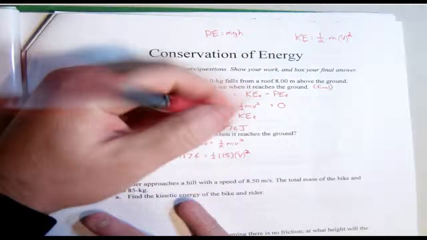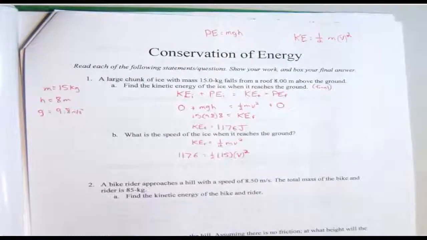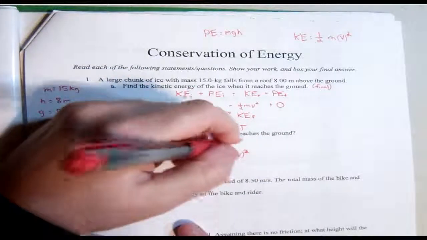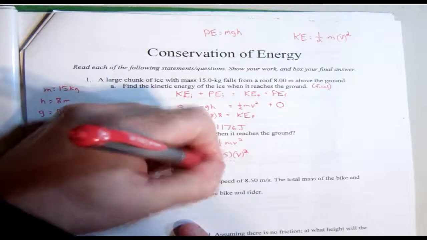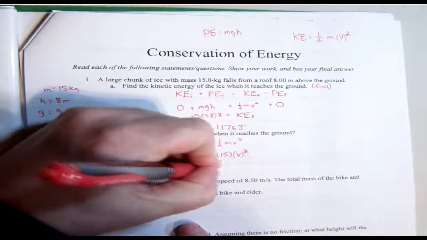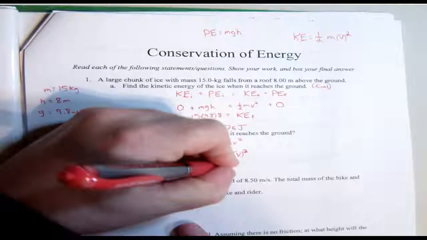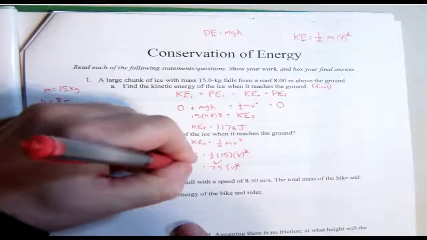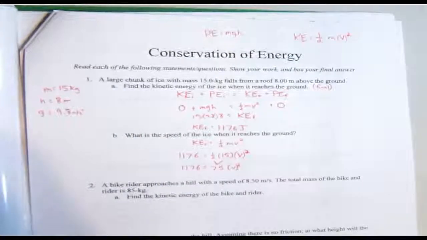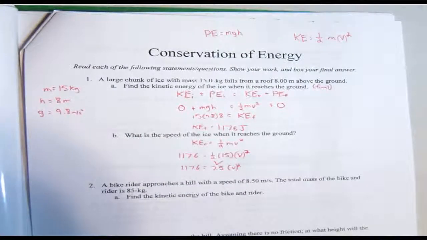So the only variable we have is velocity squared. Okay, so let's combine what we have. So we can do 1/2 times 15, and we know that is 7.5. So I'm just going to do my arrow knowing that I combined it. 7.5 times the velocity squared equals 1176.